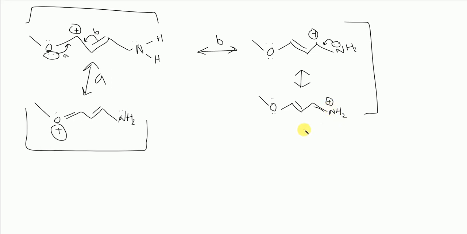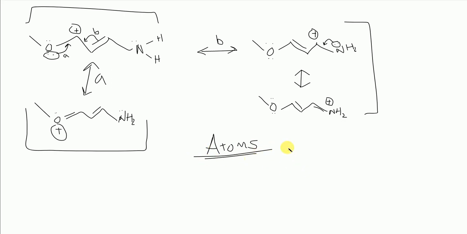So now the big question is, which one of these is the major form of the molecule, the major form that exists while it's resonating? How do we determine this? Well, first we compare atoms, and that's the main thing we do.